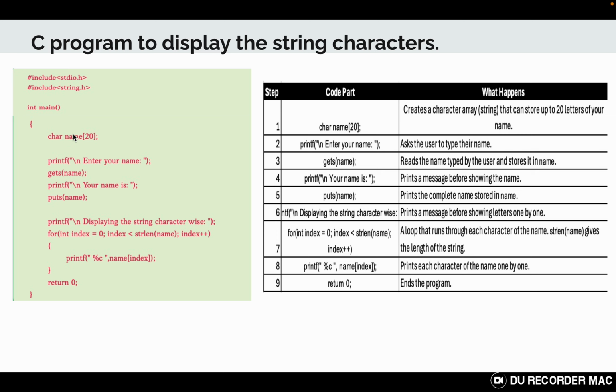You cannot put 10, 20, 100 in this name array, because you have explicitly declared it as character. So it will only hold data of the type character. It cannot hold another data type, say float or integer.